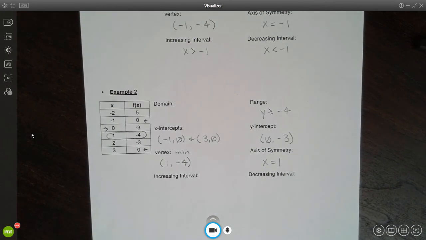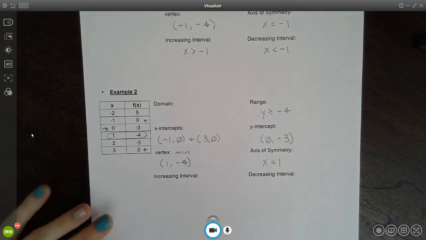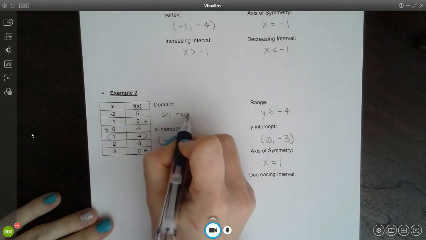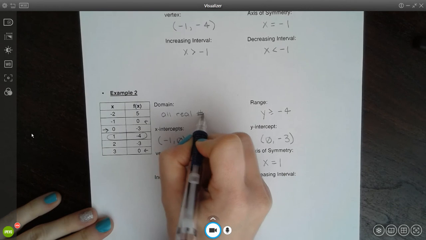We are going to assume, because it was not explicitly stated, that this is a continuous function. So I'm going to put all real numbers here for my domain.